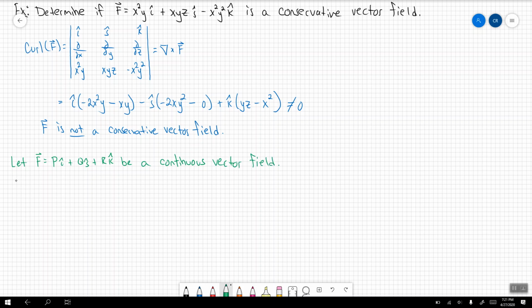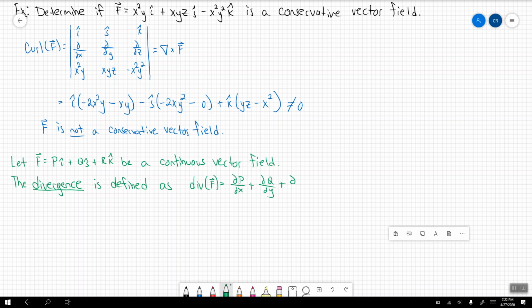So the divergence of the vector field is defined as the partial of P with respect to x, plus the partial of Q with respect to y, plus the partial of R with respect to z.